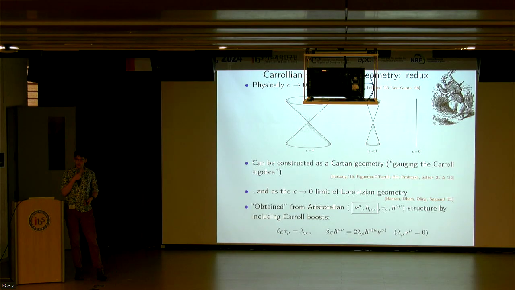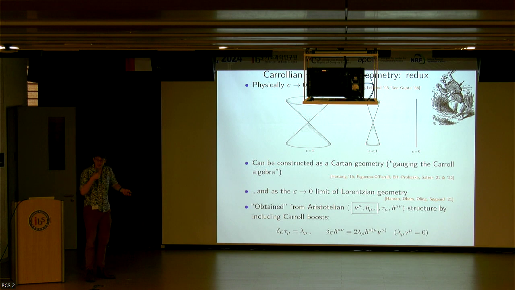Just to give you a little introduction to what Carroll symmetry and Carroll geometry is: one way to think about it is as the symmetries and geometries you get when you take the speed of light going to 0, and in that limit, the light cone closes up, and you can imagine that everything becomes ultra-local, because if c is supposed to be the speed limit of the universe, then if that's 0, nothing can really move. So the naive thing that happens is that everything is stuck to a point.